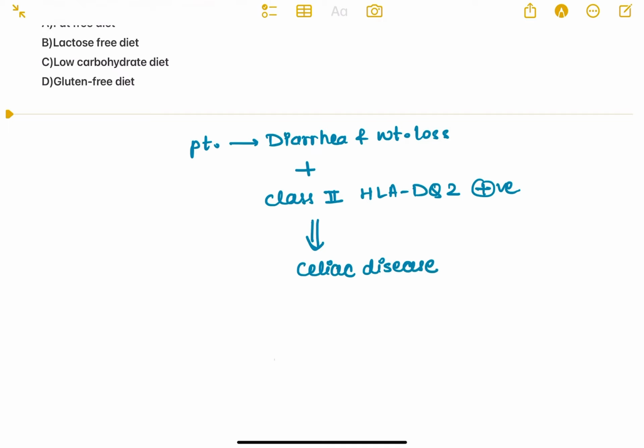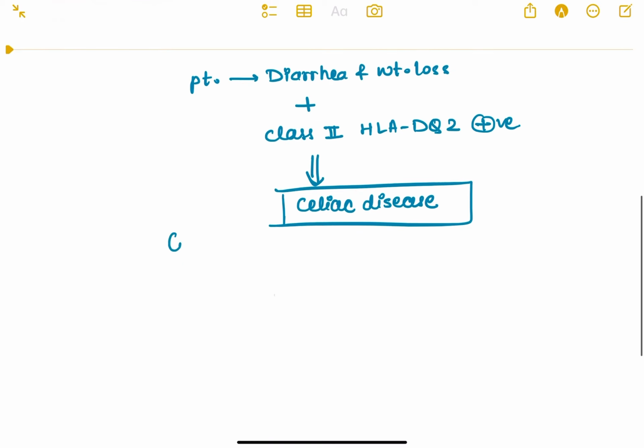What is celiac disease? Celiac disease, also known as celiac sprue or gluten sensitive enteropathy. So the name represents the gluten sensitive enteropathy. That means in this the patient will be sensitive to the gluten, and in result of which there will be enteropathy in that patient.